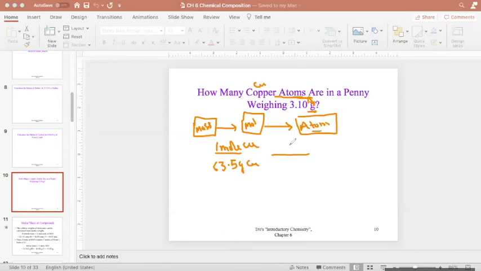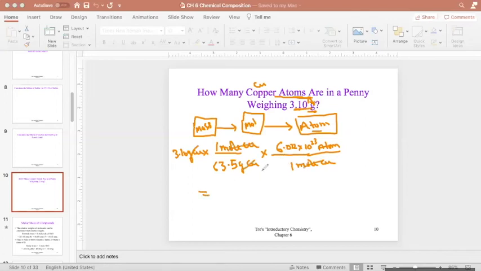We need atoms, so atoms have to be on the top. 6.022 times 10 to the power 23 atoms of copper over 1 mole of copper, right? And once you have made the conversion factors, multiply both of them with your given number, which is 3.10 grams of copper. That is given over here. So grams of copper cancel, moles of copper get cancelled.